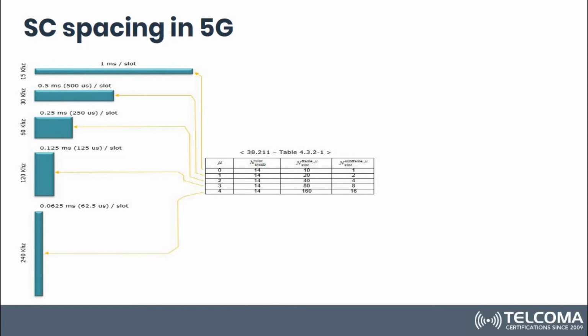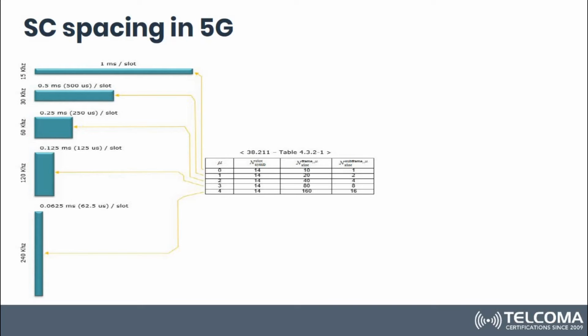So here is a normal view of subcarrier spacing, how it is and what it is. With 15 kilohertz spacing, we have shown a larger slot of 1 millisecond.